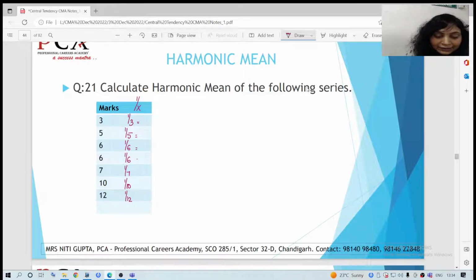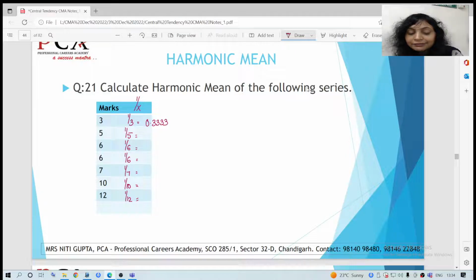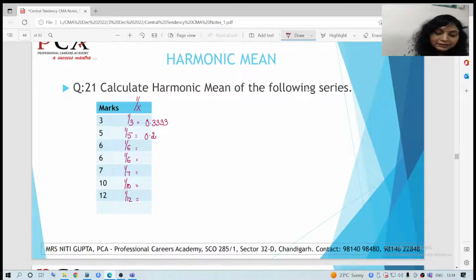You can take it in decimals, at least 4 decimal places, otherwise there is a huge difference in your answers. 1 upon 3 is 0.3333. 1 by 5 is 0.2. 1 divided by 6 is 0.1667, again 0.1667. 1 divided by 7 is 0.1429. 1 upon 10 is 0.1. And 1 divided by 12 is 0.0833.